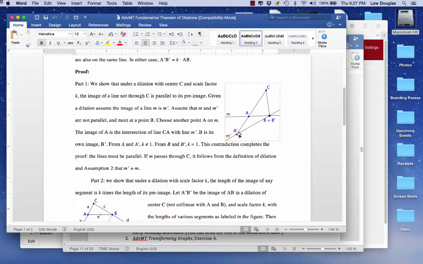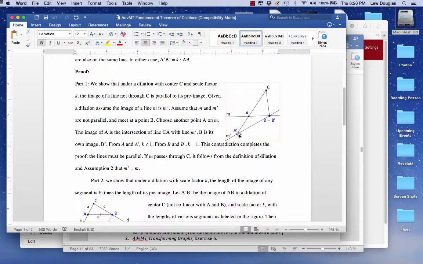So choose another point A, not on M. The image of A is the intersection of line CA, because it's on the same line, with line M prime. And B prime has to equal B because it has to lie on M prime, and it also has to lie on CB.